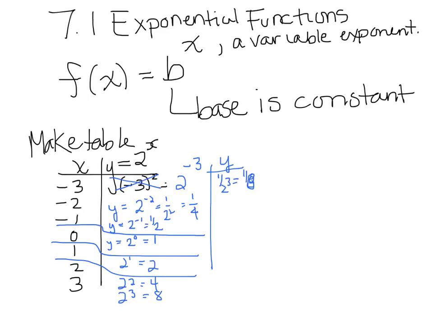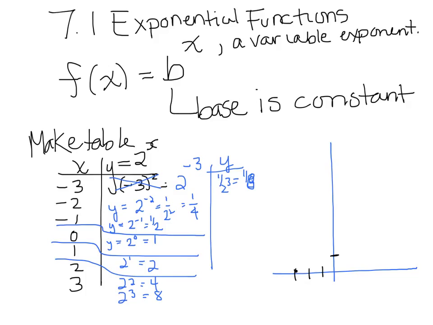So we have these ordered pairs that I want to go ahead and put on the graph. Something like this. Let me switch my color. When x was -3, I have a value that's 1 over 8. So 1 over 8 is really close to the x-axis, but not quite.